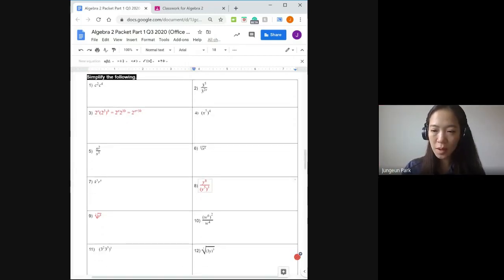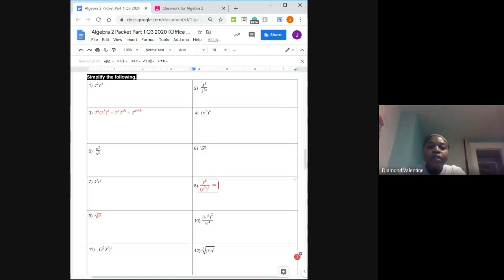Again, this is a combination of two rules. So what do you think that you should do first? Wouldn't you keep the bases? You'd have y, and then you would have to multiply.